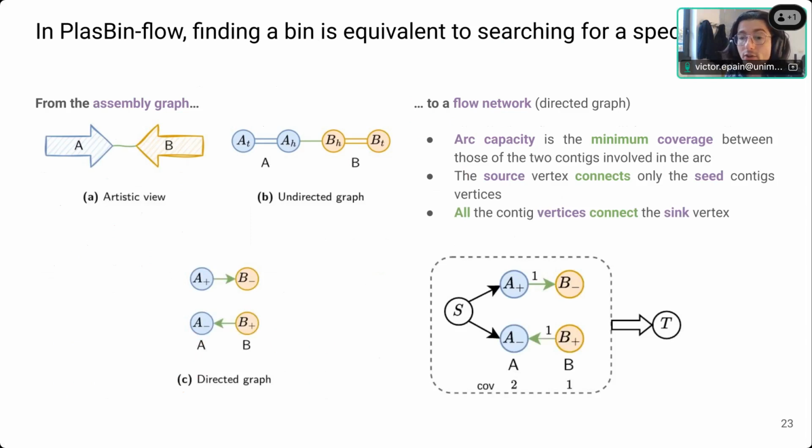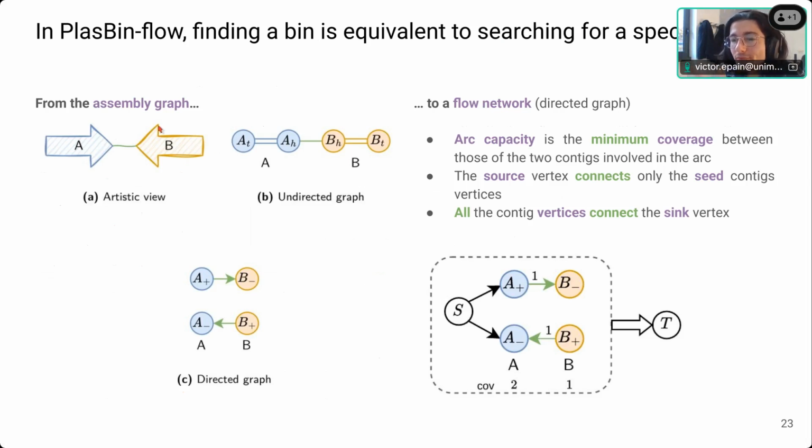The pipes are limited in the flow they can receive and send. I will send some water in the network, and I hope the water will go properly through the network. We will use this idea of flow network, but we will not use water, we will use the coverages of the contigs.